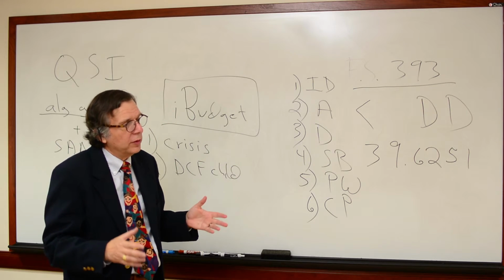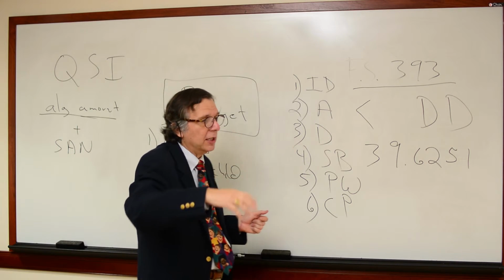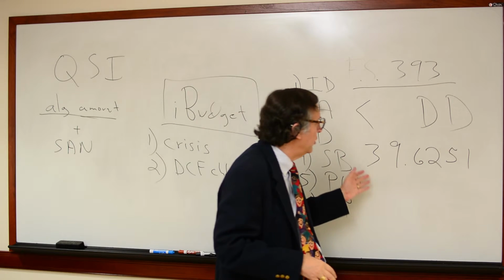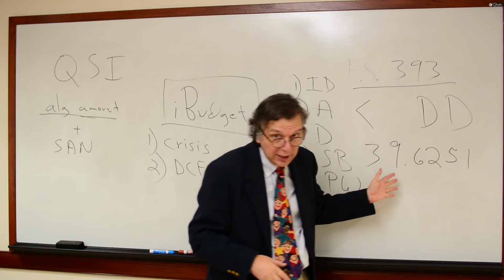within that first judicial review at the age of 17, the court is to order DCF to do evaluations if ones don't already exist.